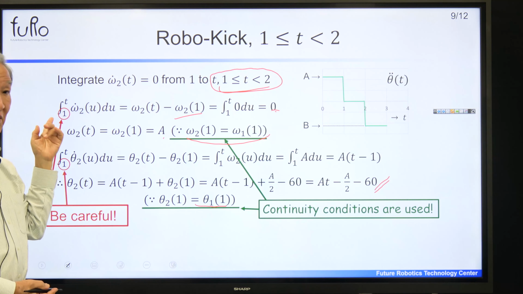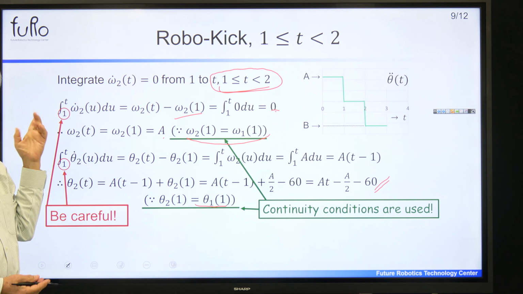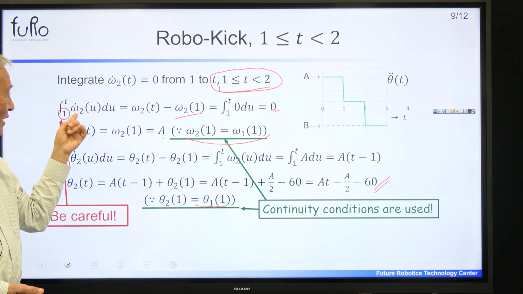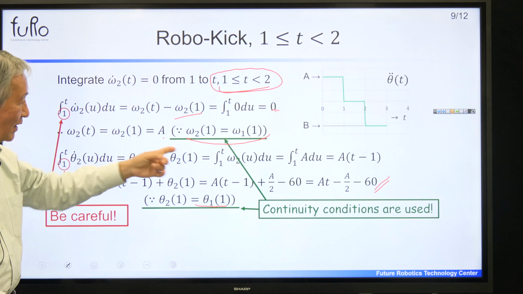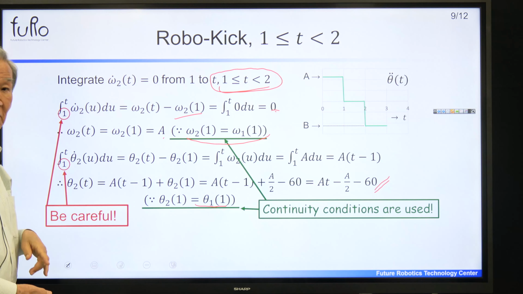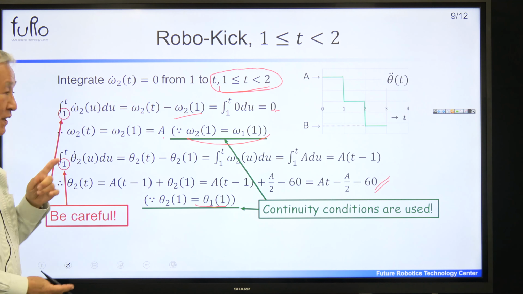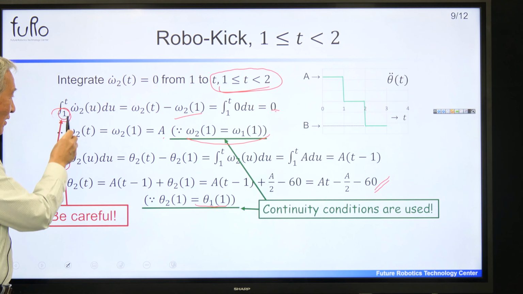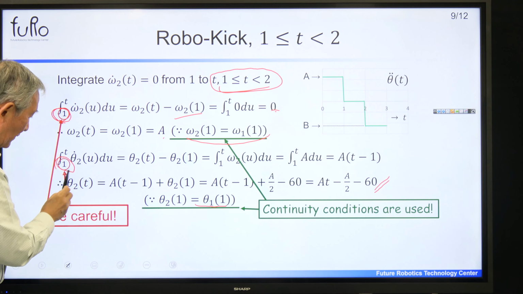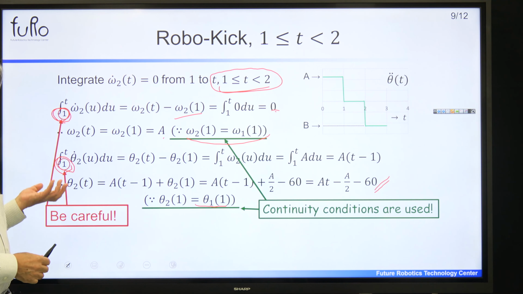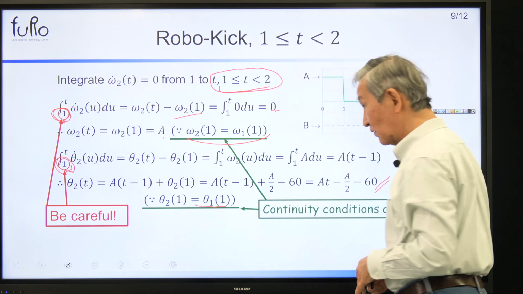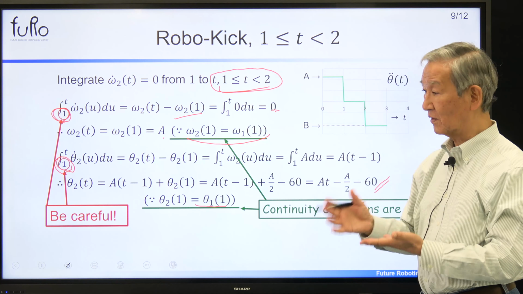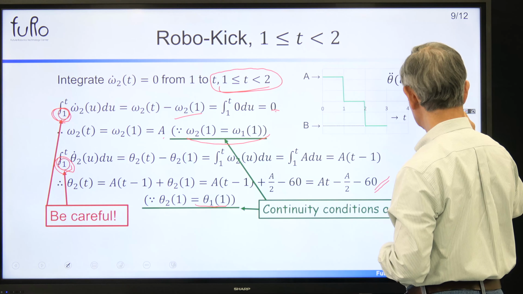So this integration has to start from 1, not from 0, because omega 2 cannot be used from 0 to 1. Okay? That's why you needed those continuity conditions at t equal to 1, and the integration has to start from 1. It is very easy to make the mistake of starting the integration from 0. So be careful. Be careful. Okay?